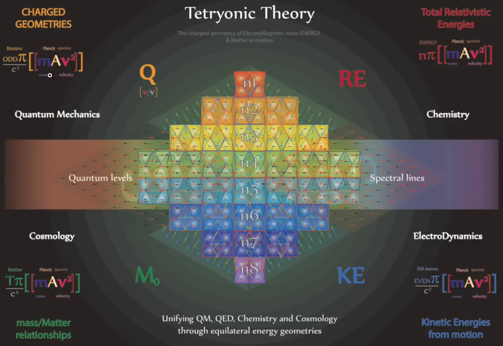Odd geometries creating charge, even numbers creating photons of energy or longitudinal measurements compared to the transverse quantum levels of charge, and standing wave geometries of 4n pi matter.